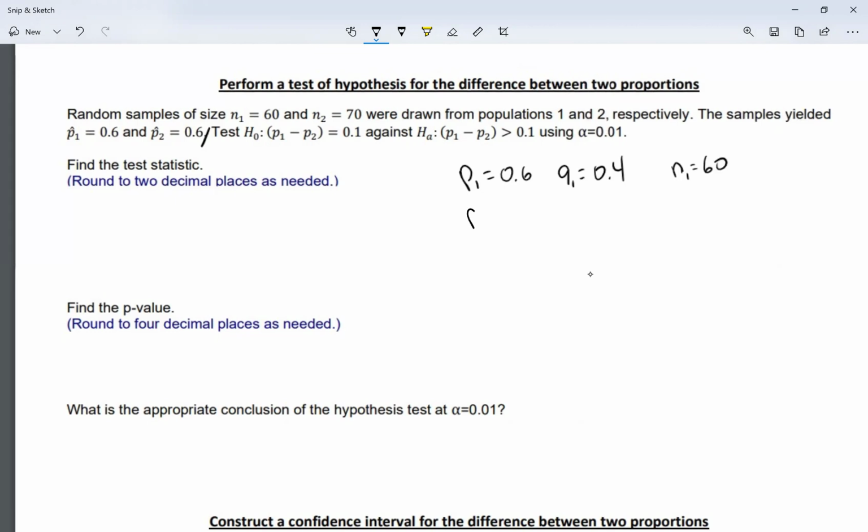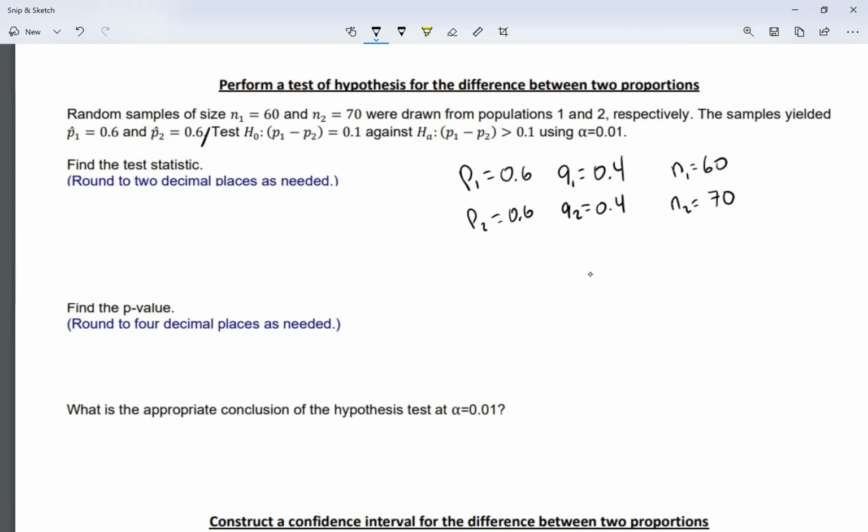My p2 hat was 0.6. My q2 is 0.4, because remember I went 1 minus 0.6, and my n2, the number in my second sample, was 70. Okay, so I have that information. Now let me continue reading.